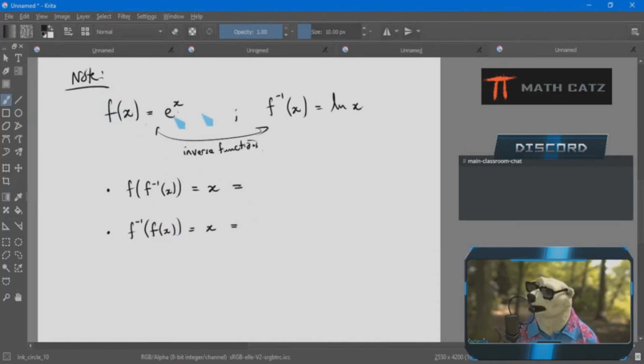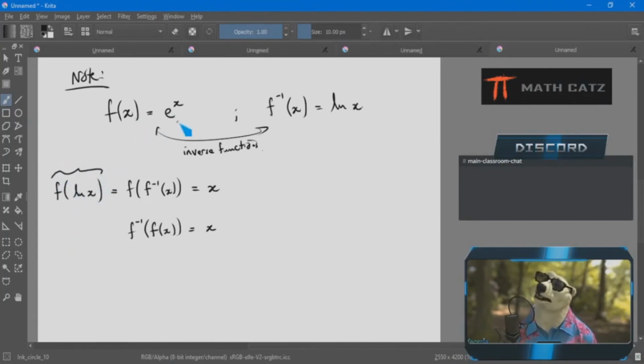Now, if I forget the name f and use the actual functions, let's do it this way. Let's get rid of these dots and write it on this side. So this one is going to be, I'll do a temporary version, f of natural log of x.